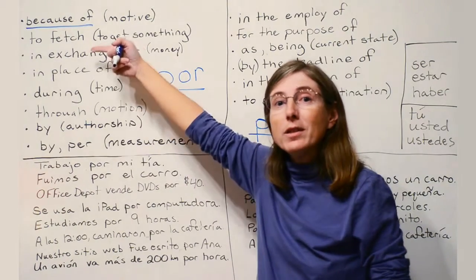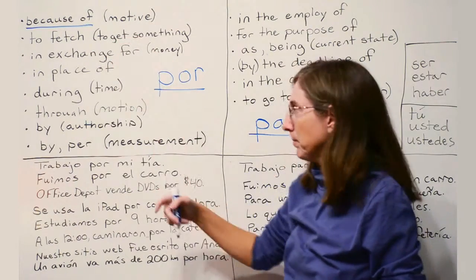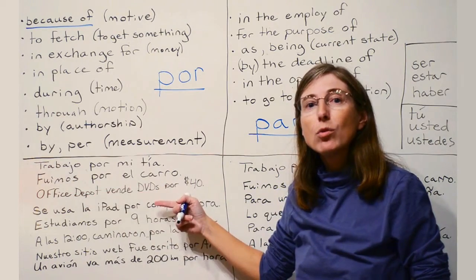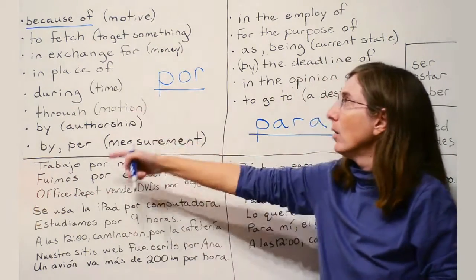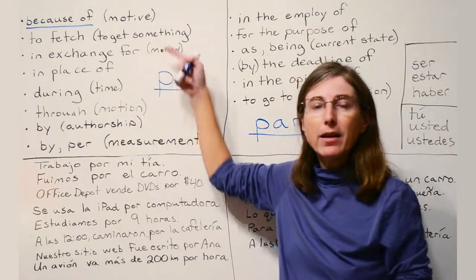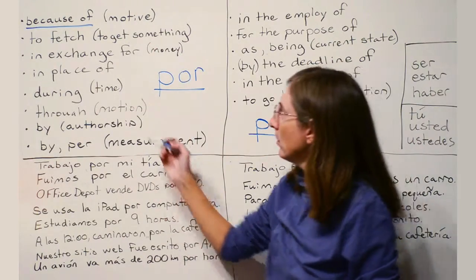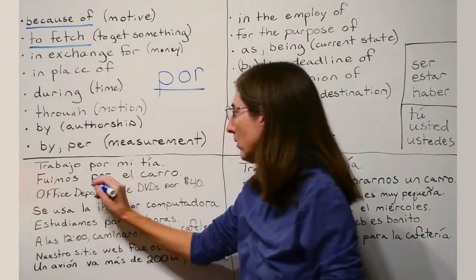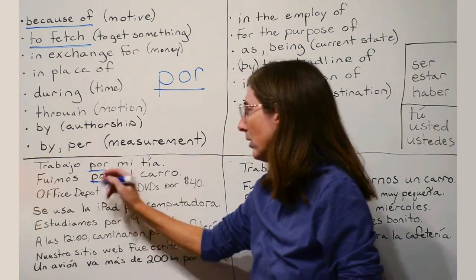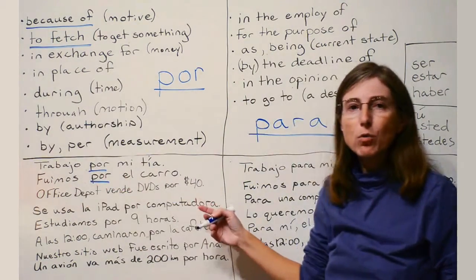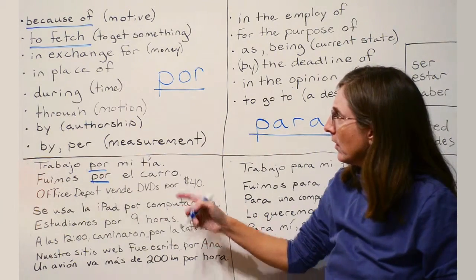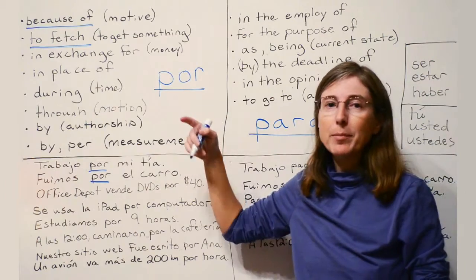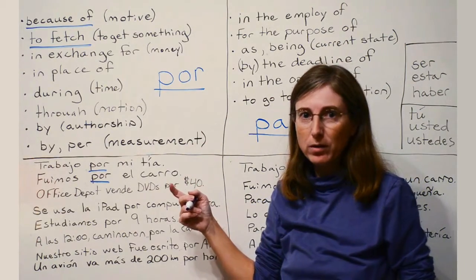Por can also mean to fetch or to get something. Fuimos por el carro. We went to get the car. Por can mean in exchange for something, like I paid $10 for that sweater.